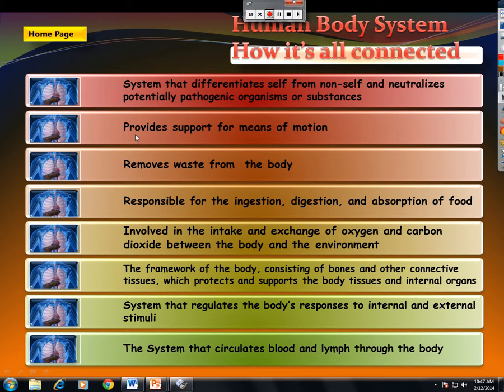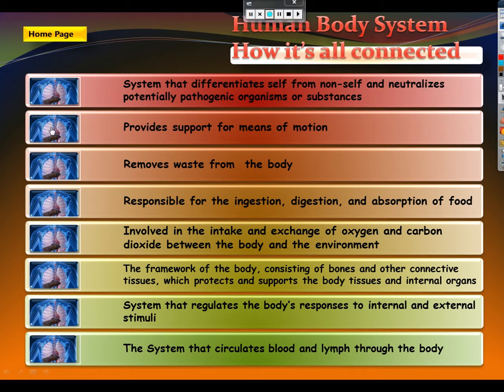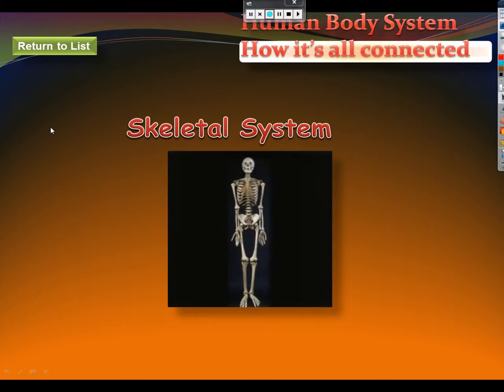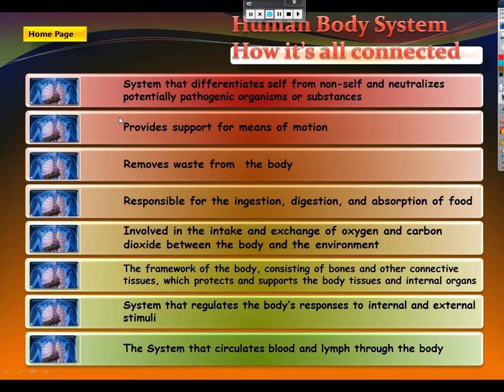All right, now on the second one, provides support for means of motion. What slide is that one for? He says skeletal, and he would be correct. Okay? Your skeletal system is the one that provides the support for the means of motion.